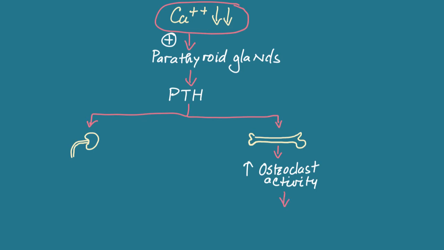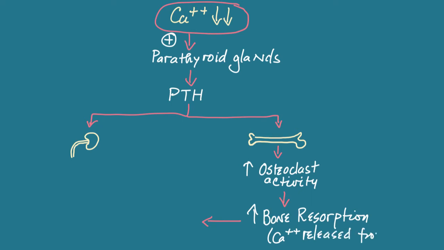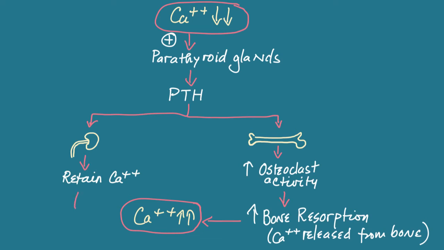With the bone, it increases osteoclast activity, which increases bone resorption. Bone resorption means osteolysis occurs and calcium is released from the bone. Think released and resorption. Resorption results in release of calcium, so calcium levels in blood go up.